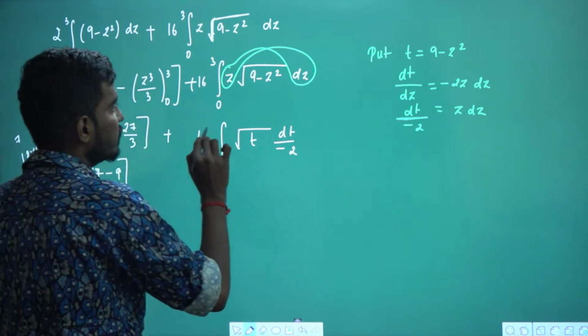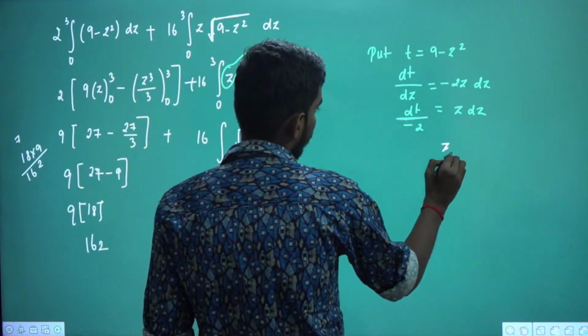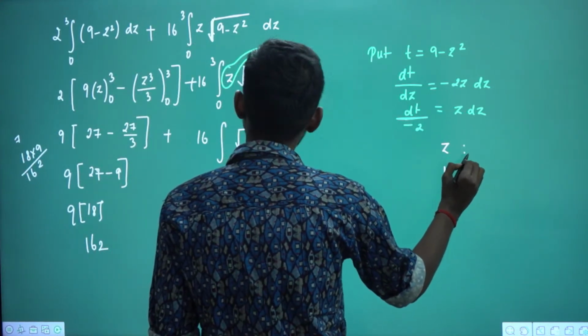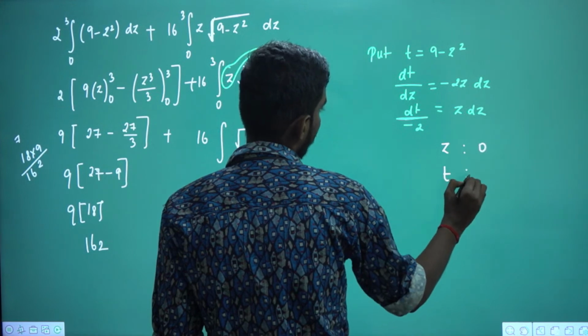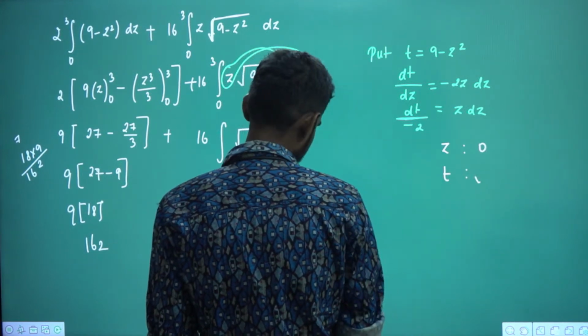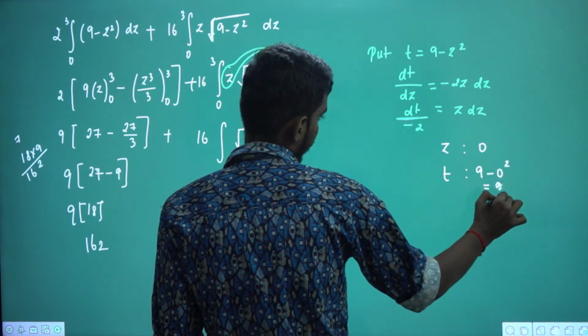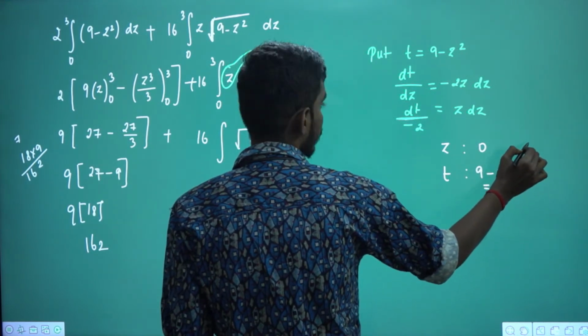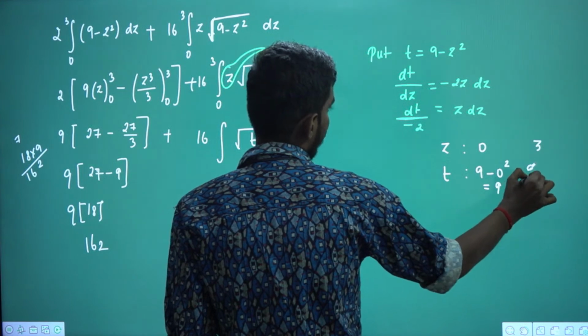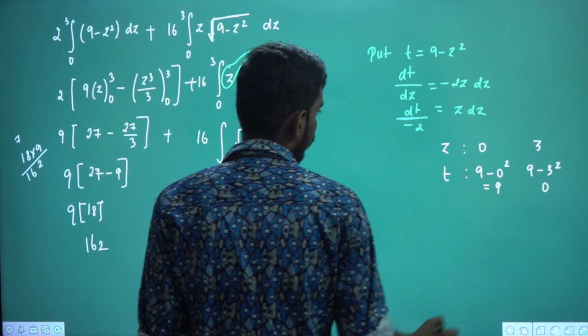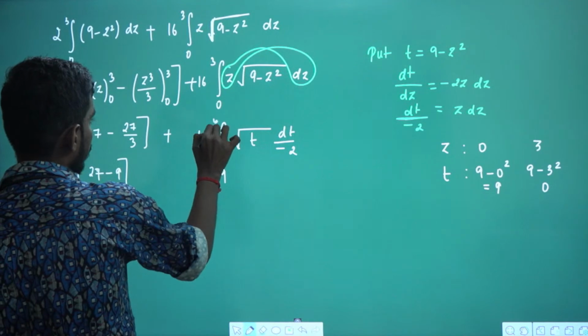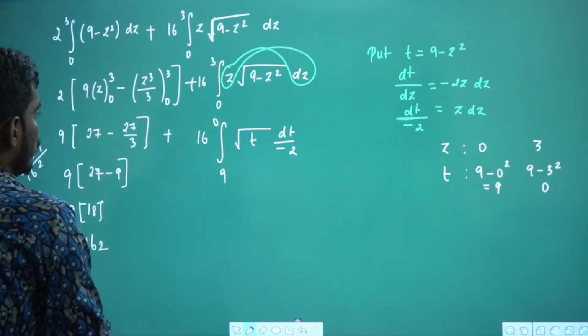Now we need to change limits, right? So we need to change z to t. So when z is 0, your t is 9 minus 0 square, which is 9. And when your z is 3, your t is 9 minus 3 square, which is 0. So this limit varies from 9 to 0.